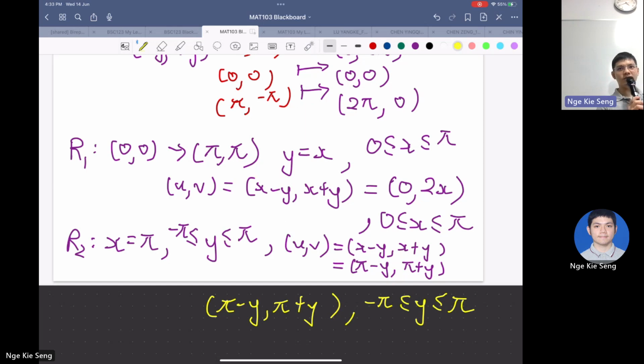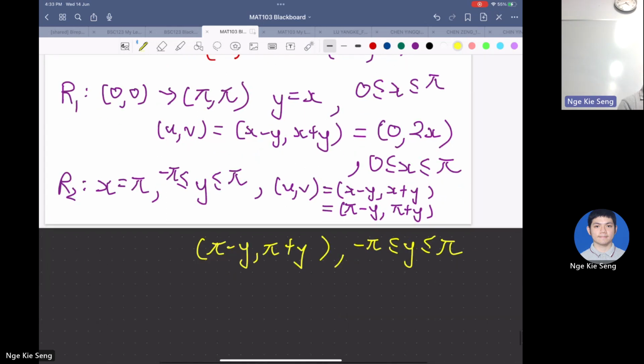Is this hard to imagine or not? Okay, how about we try something else? Maybe change a variable. Change to w. So let's say w equals pi minus y.